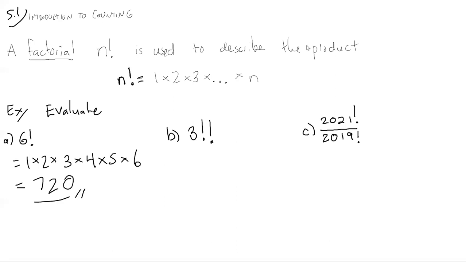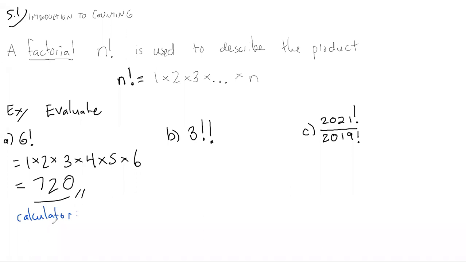If you want to use a calculator, there's typically buttons for this. Now, the calculator I have in my hand is a little different than most, but usually you'll find the factorial button as one of those secondary options. It varies as far as what it's going to be hidden behind.